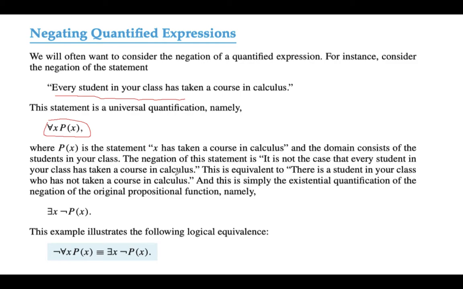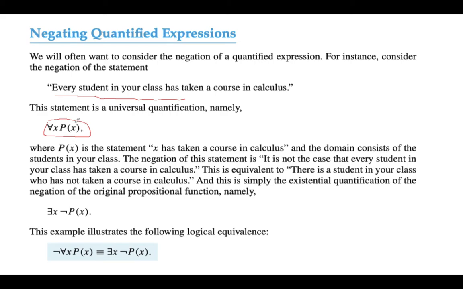So the negation means there is one student who has not taken, or there are some students who have not taken the course in calculus. This is equivalent to, there is a student in your class who has not taken a course in calculus, and this is simply the existential quantification of the negation of the original propositional function, namely.